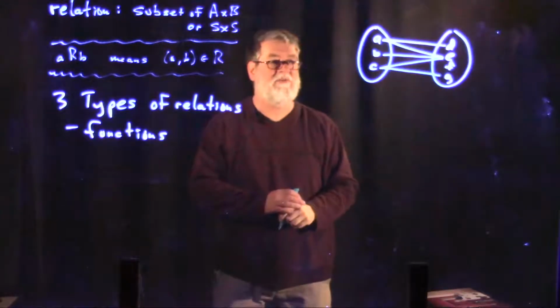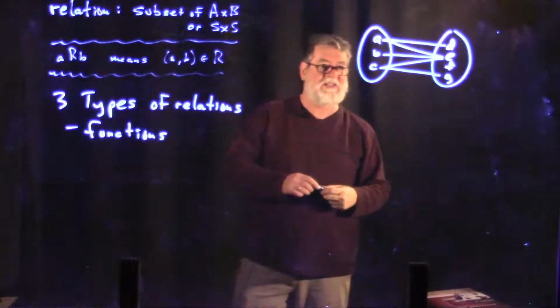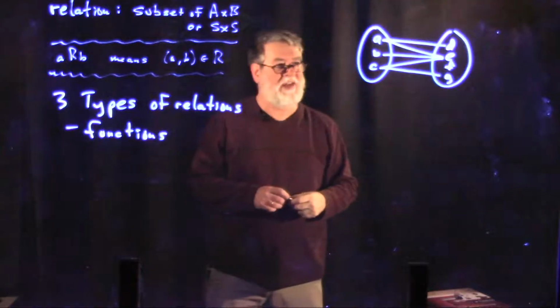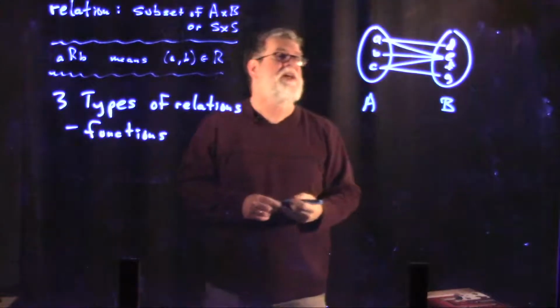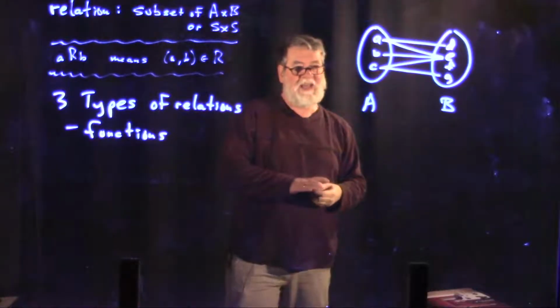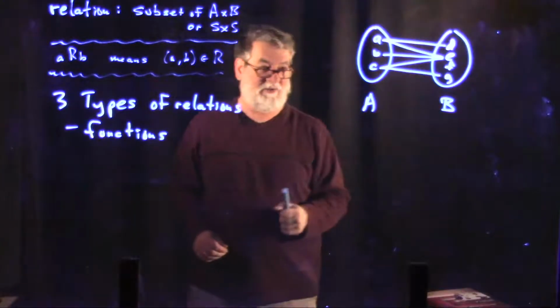In this particular relation, A relates to D and E, B relates to E only, C relates to E and F. Looking on the other side, D has A related to it, E has A, B, and C all related to it, G has only C related to it, and F doesn't have anything related to it.